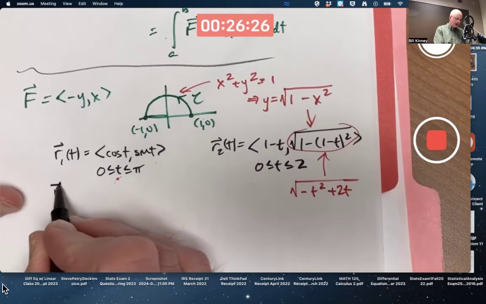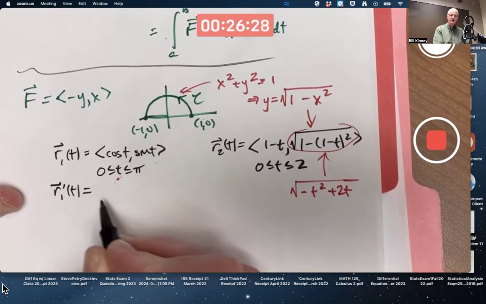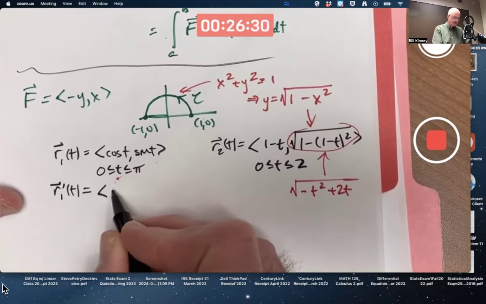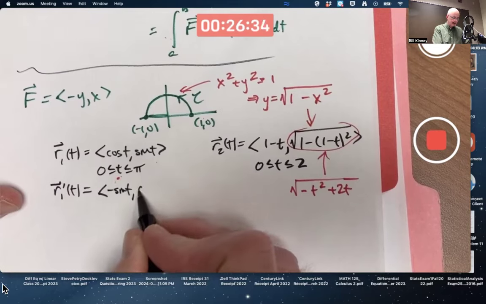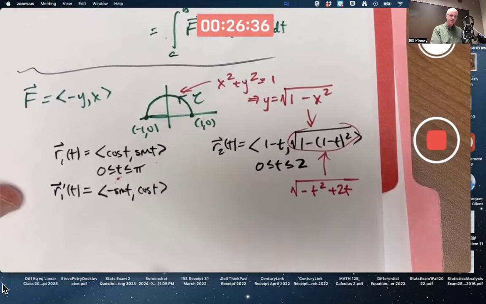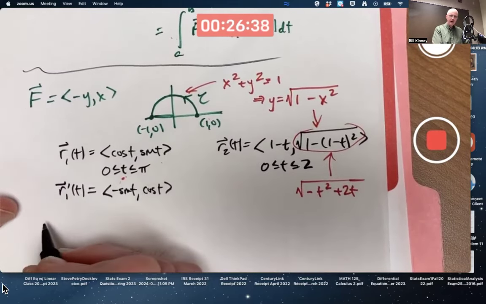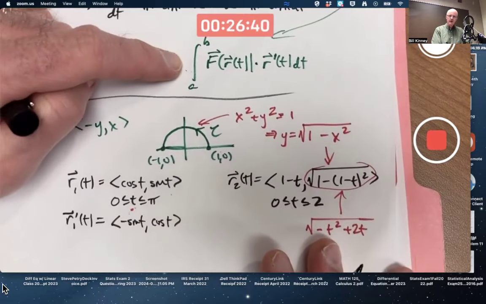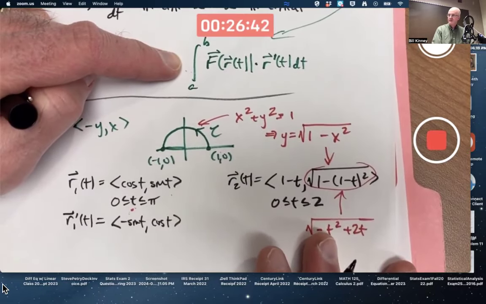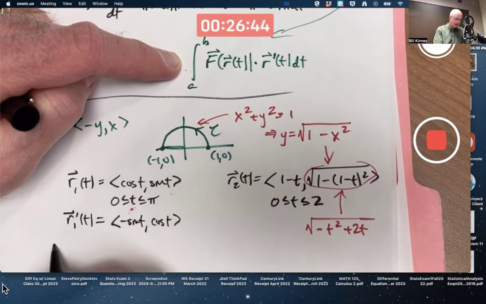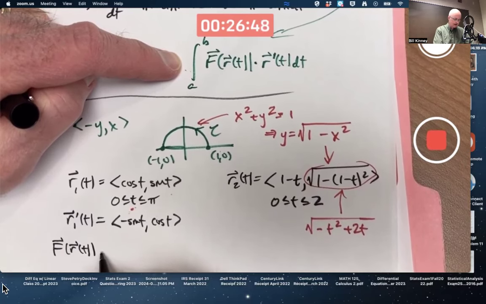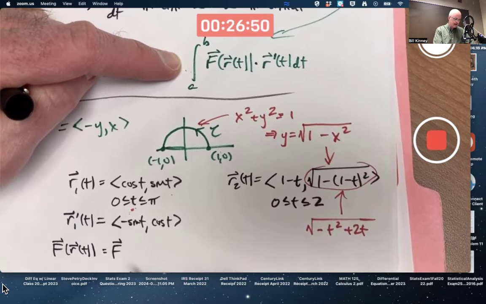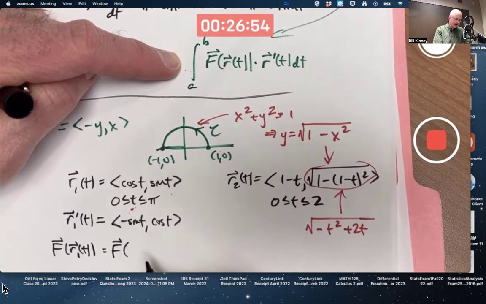We need R1 prime. We need the velocity vector. Derivative of cosine is negative sine. Derivative of sine is cosine. We also need to evaluate, if you look at this expression right up here, f of r of t, effectively plugging in the parameterization, R1, into f.